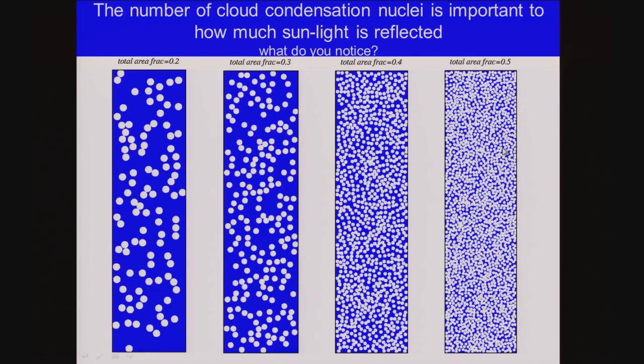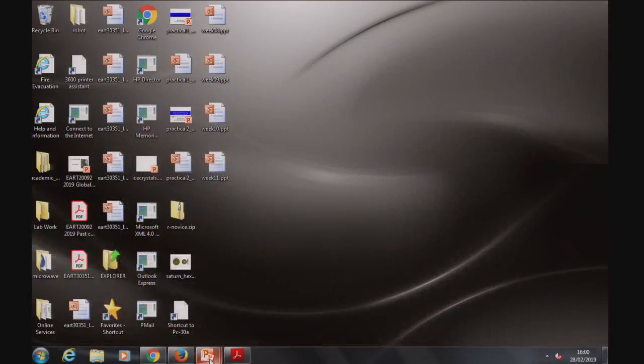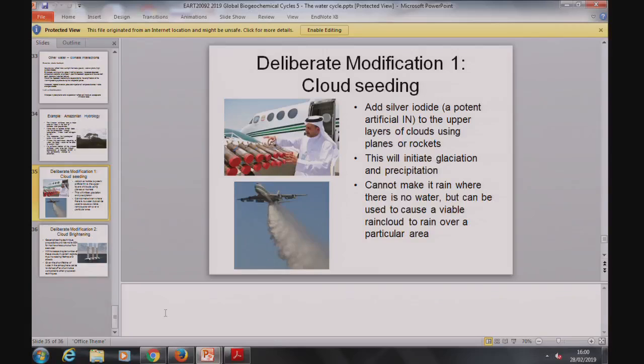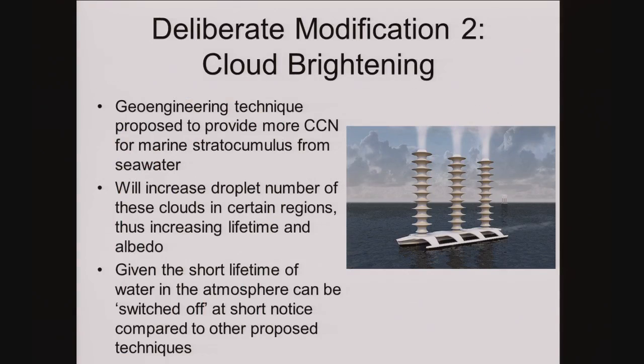Yeah. So the other method by which humans deliberately modify clouds, well, they don't do this yet, but it has been proposed. It's known as the cloud brightening scheme for geoengineering.